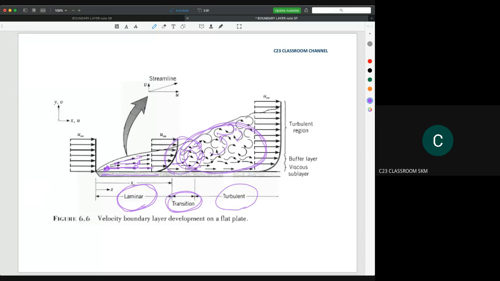So some of the molecules still flow linearly, flow smoothly, but some of the molecules will move unpredictably like this. If the question asks you to draw the laminar and turbulent, I hope you could draw the transition region there.